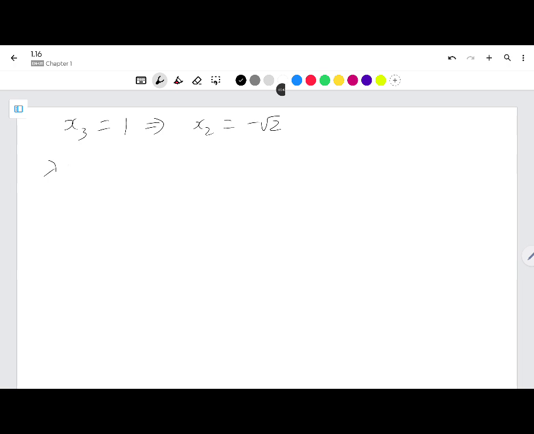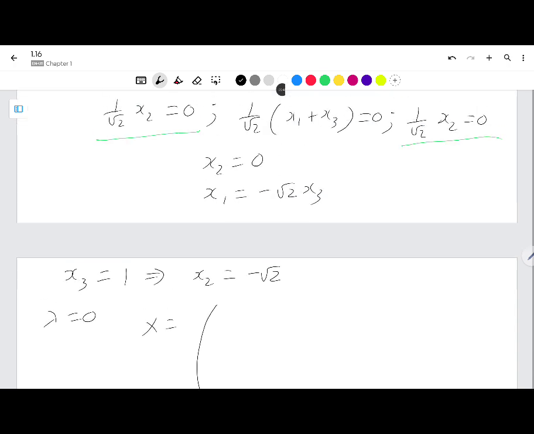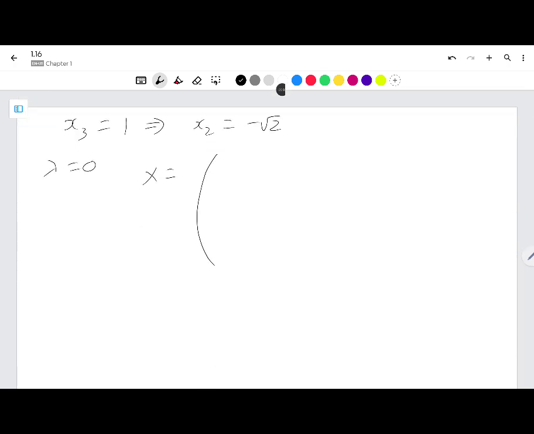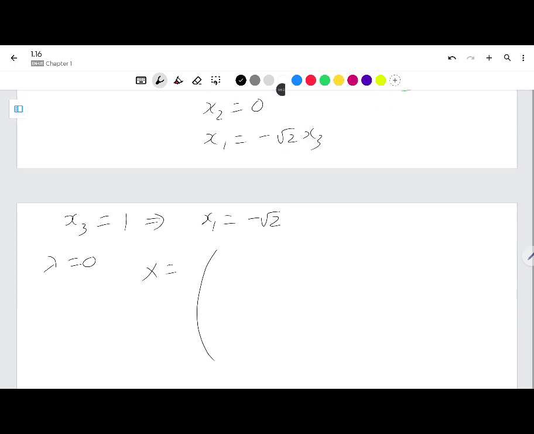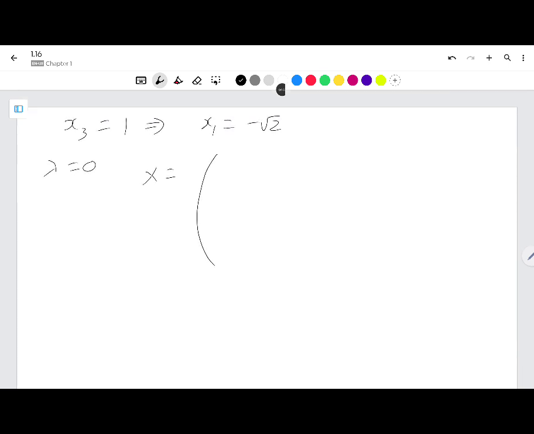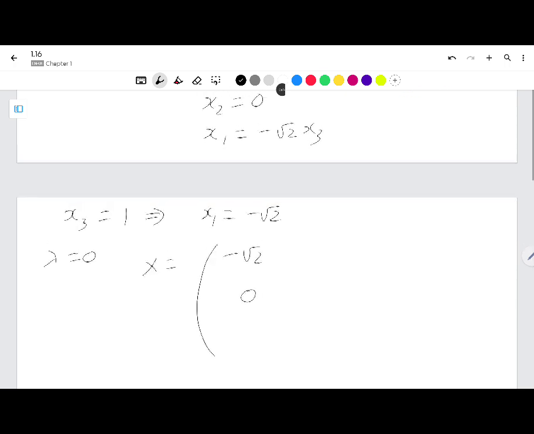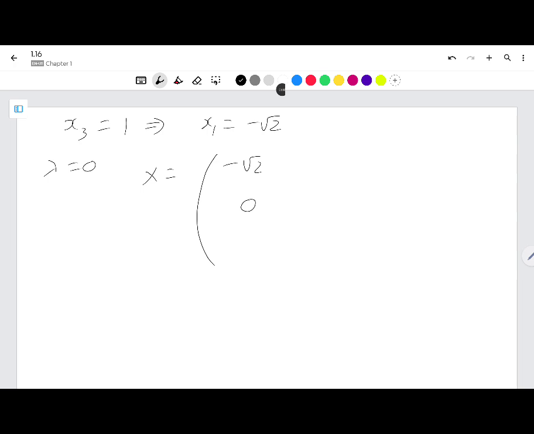So for lambda equal to 0, x1 is minus square root of 2, x2 is 0, and x3 is 1.